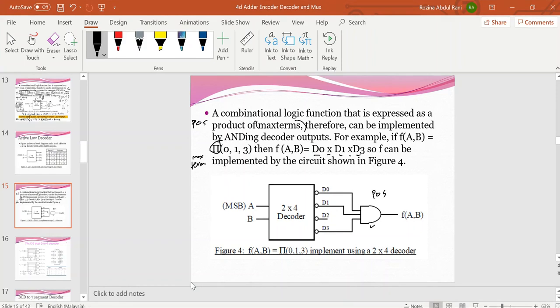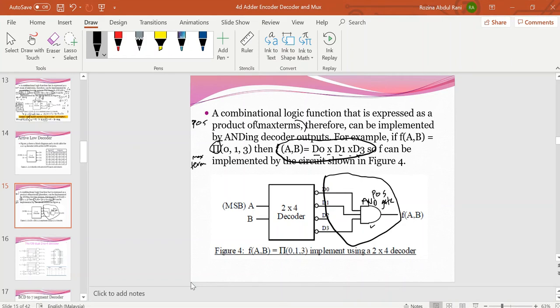So f can be implemented by the circuit shown in figure 4. So this is how we perform this operation. You need to add an AND gate to do the product of sum operation, meaning d0 times d1 times d3.